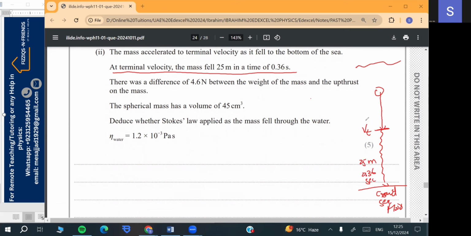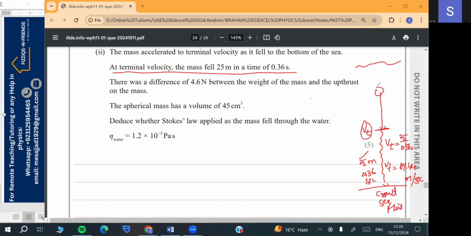Since terminal velocity remains constant, we can calculate it using velocity equals distance over time, which is valid when the speed is constant. So 25 over 0.36 gives a terminal velocity of 69.44 meter per second.